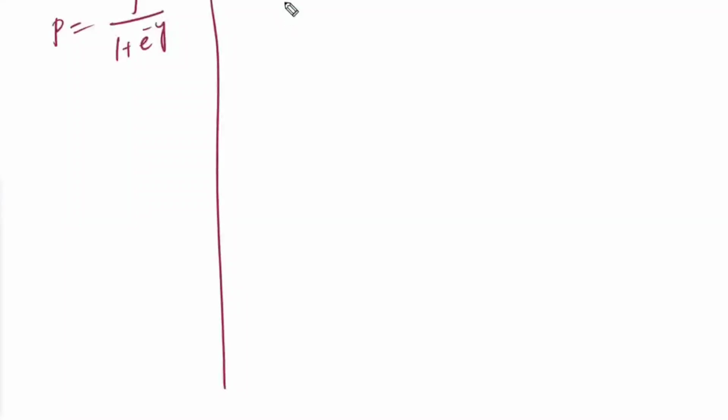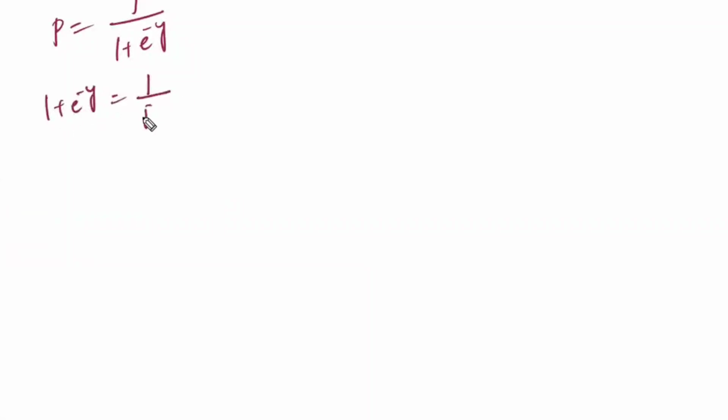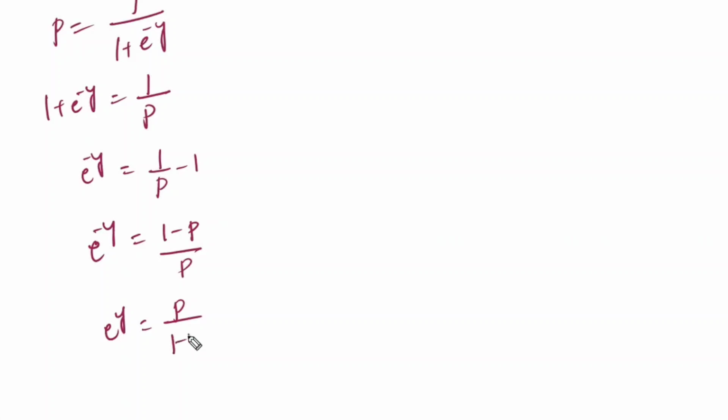So that is nothing but 1 plus e to the power of minus y is equal to 1 by p. E to the power of minus y is equal to 1 by p minus 1. E to the power of minus y is equal to 1 minus p divided by p. E to the power of y is equal to p divided by 1 minus p.